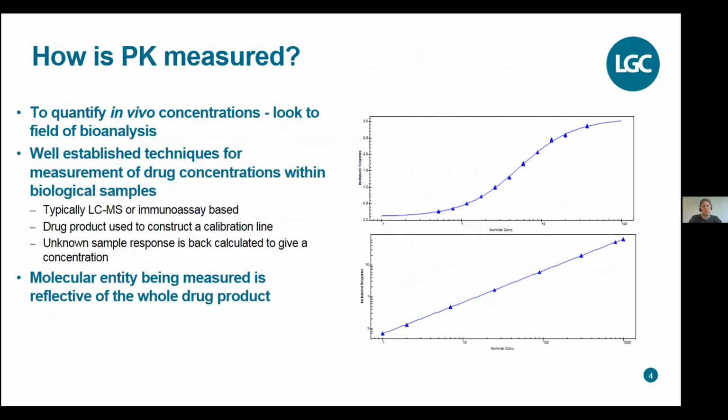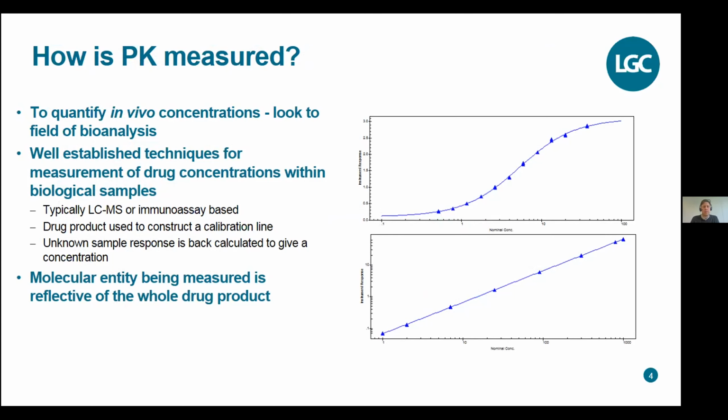So that's why measuring pharmacokinetics is important, but when it comes to measuring it, how do we go about doing that? This is when we look to the field of bioanalysis, and there are some really well-established techniques out there for measuring those drug concentrations within biological samples, and they're to regulatory requirements as well in terms of characterizing the assays. So they're fairly robust techniques.